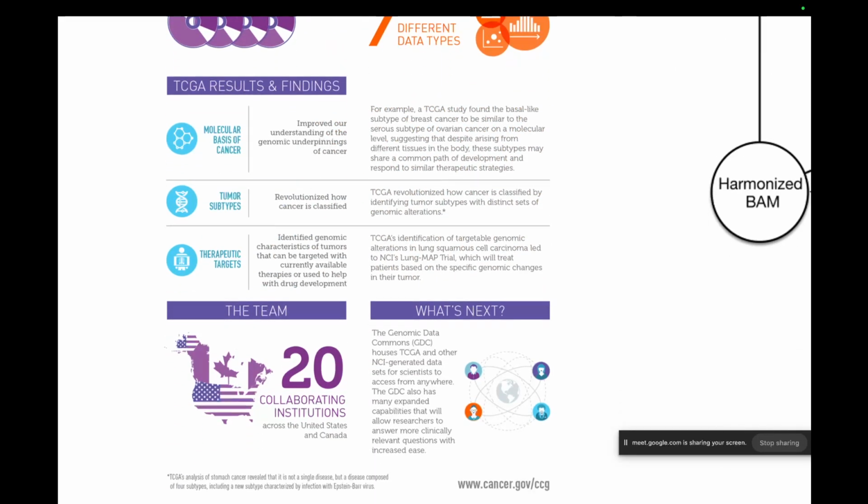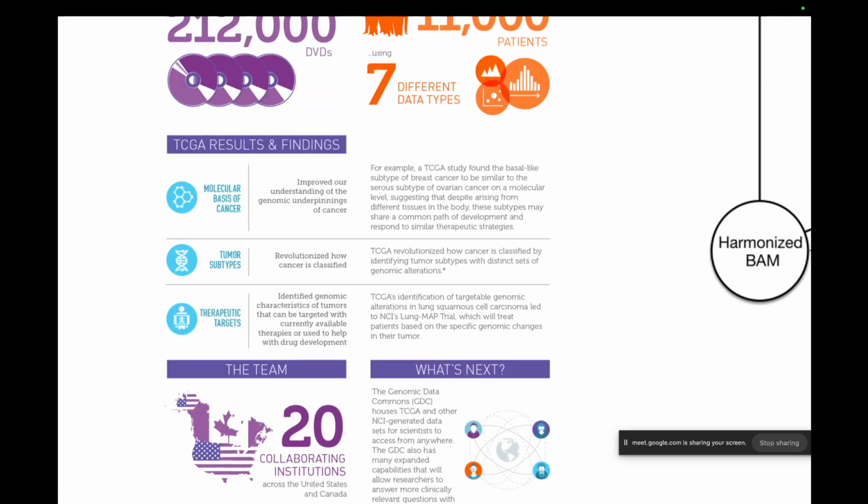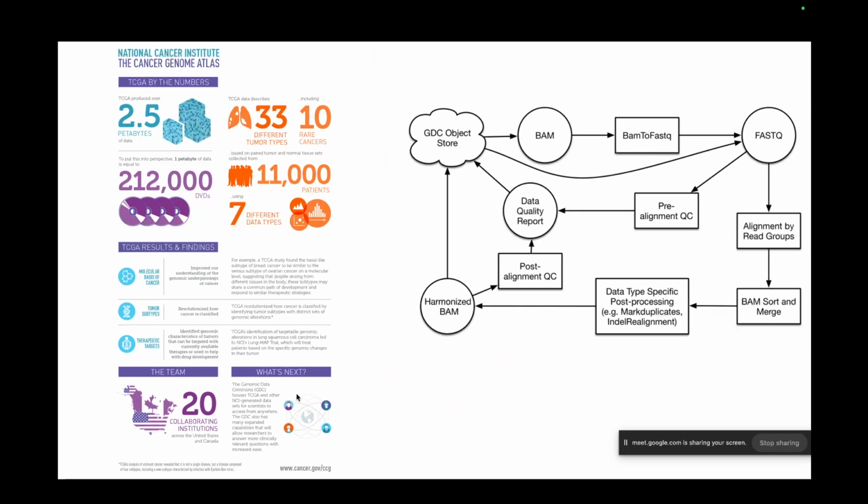Right now they have around 20 collaborating institutes, but anyone can deposit their data in the TCGA portal, so you can do that. And this is the way the GDC portal works.